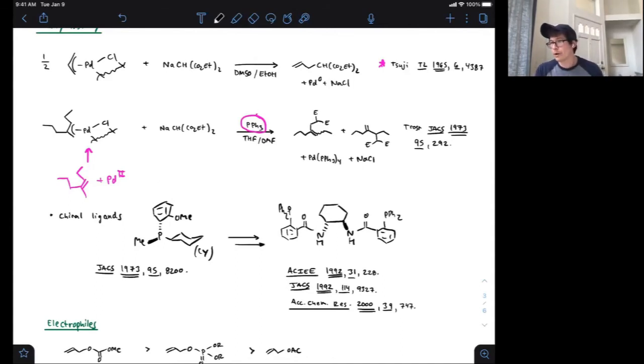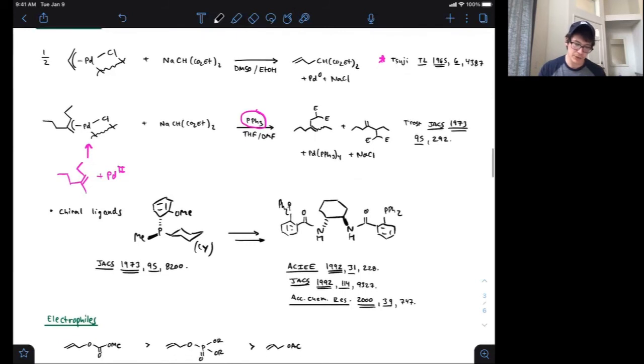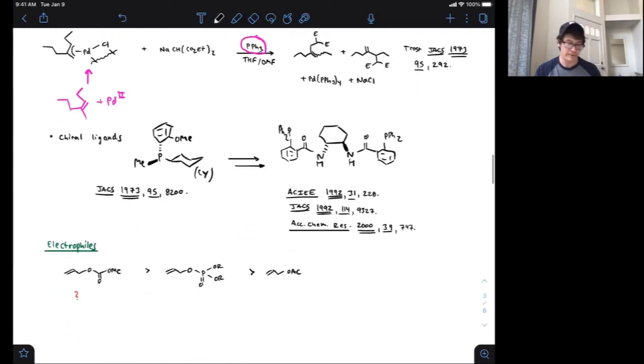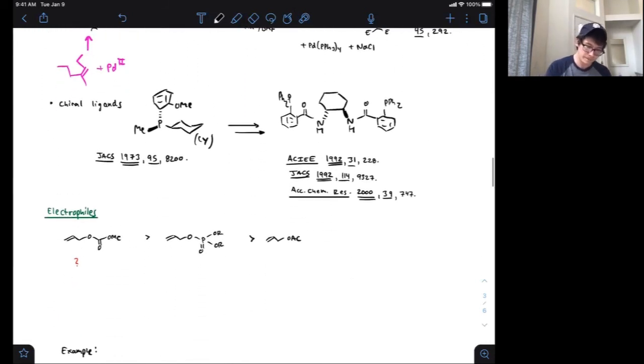And one part of your handout chronicles more examples of enantioselective protocols, how enantioselectivity can manifest itself in this chemistry. And so I direct you to that for more information.